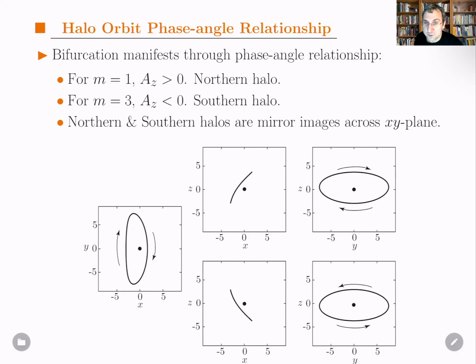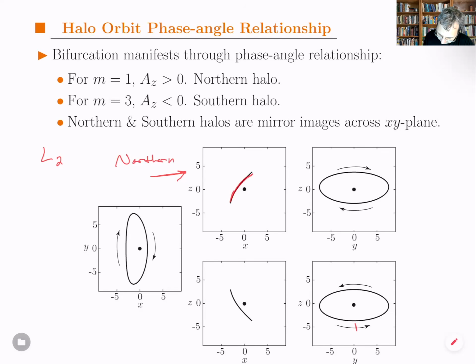And here they are shown. So for m equals 1, we get a positive z amplitude, and that's called a northern halo. So that's what this upper grouping is. Seen from above, and I think this is for L2, in fact. This is L2. Seen from above, they look the same, but these top two, these are the northern ones.